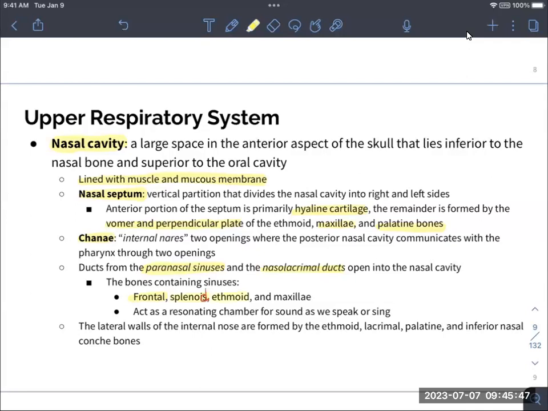That ethmoid bone even has those ethmoid air cells. Those are sinuses. And then that maxilla. Underneath your eyes, lateral to your nose on either side, there's sinuses in there. That maxilla, where that bone sits. And again, it's a resonating chamber. It's going to give your voice its specific tone.